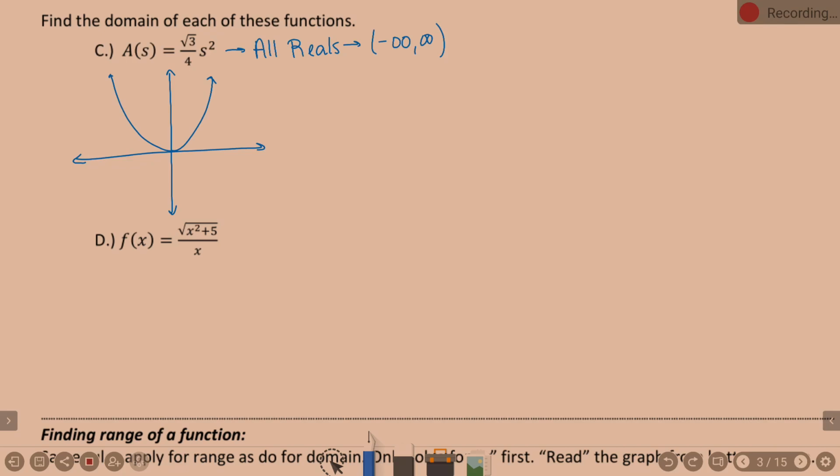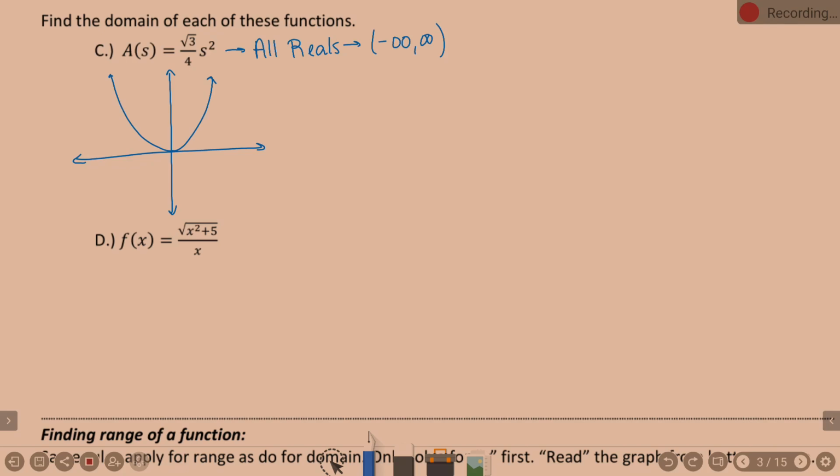Now, there is one catch to think about. This isn't in our traditional x's and y's. The function is written as A of s instead of f of x. Thoughts about what that A could stand for in terms of math? Area.